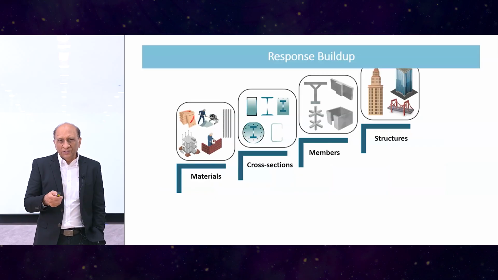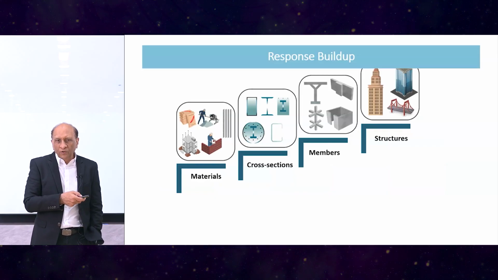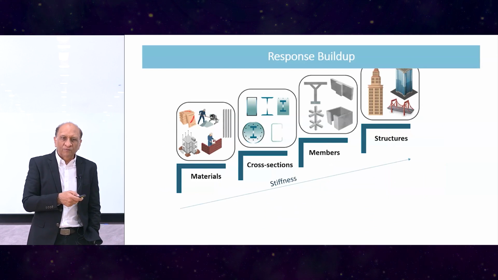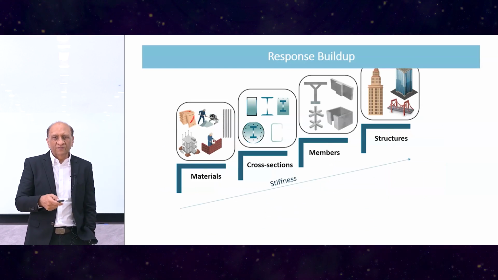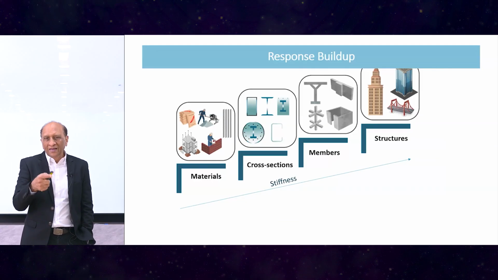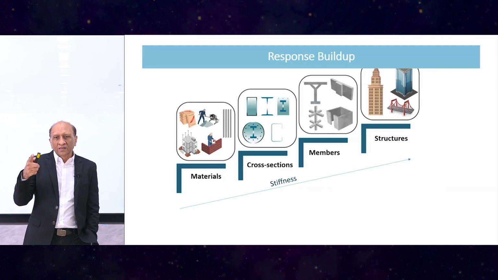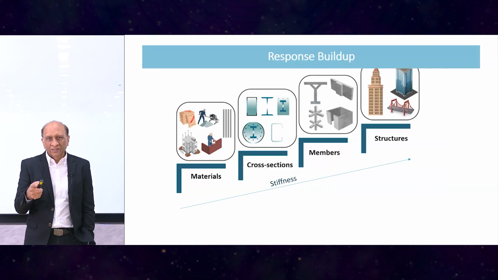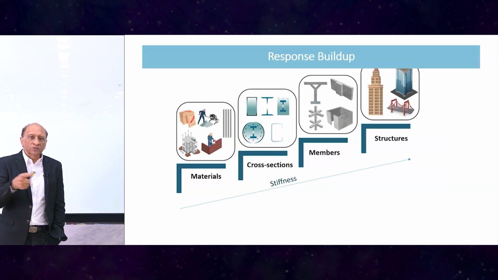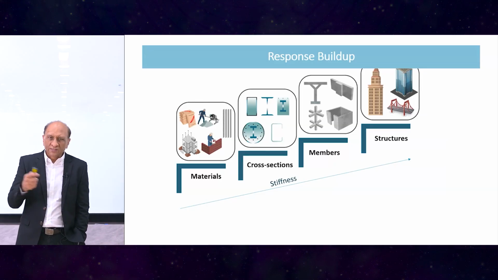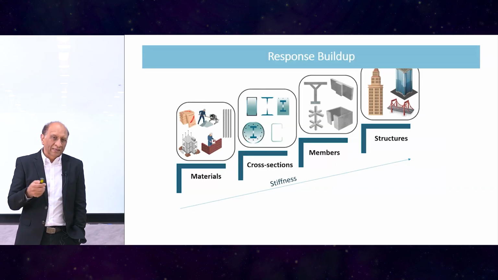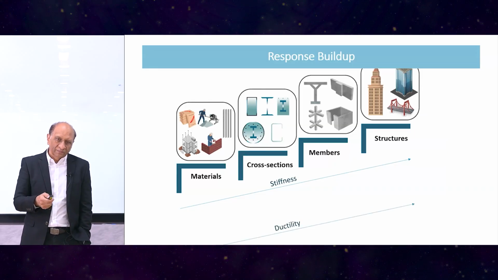Now, if you look at the structure, these are built from material to structure in that order. So, for example, stiffness is built from material stiffness, cross-section stiffness, to member stiffness, to structure stiffness, and cross-section members are connected by joints to make a structure, and so on. Materials are connected through bond to make a cross-section. So, on the way, we can also look at those aspects: bond slippage, and connection, and joint carrying and joint design.